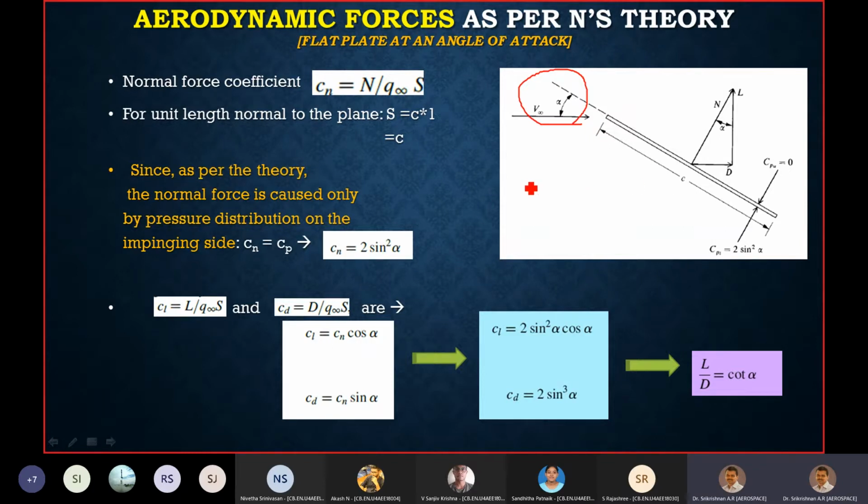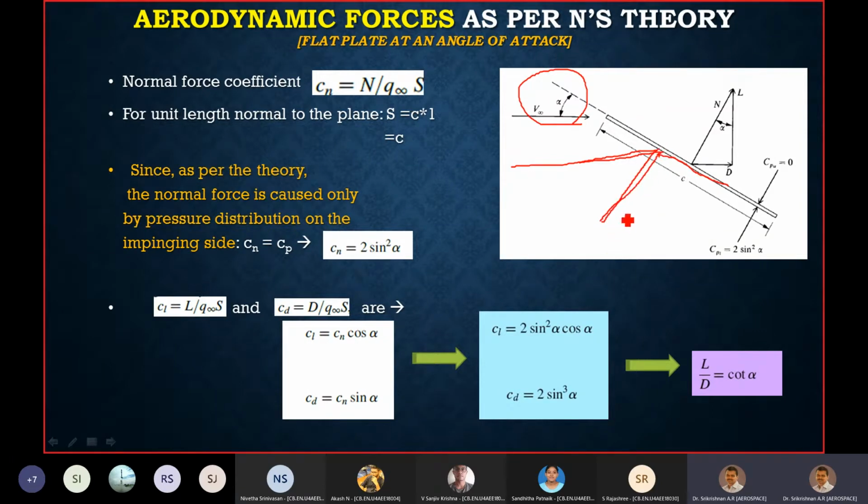Okay, so the theory says that the flow comes, impacts on the surface and becomes tangential to it. There is only the normal component of force. If you were to resolve the normal component of force, I'll try to represent that on this side, the triangle that we have.